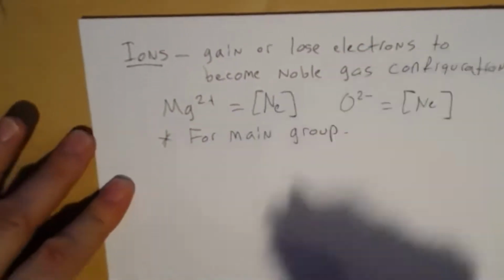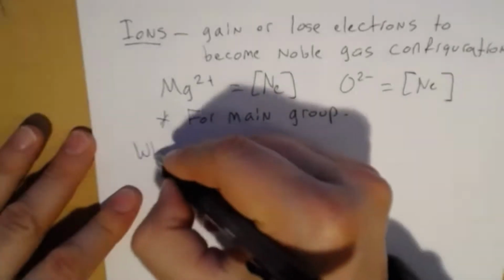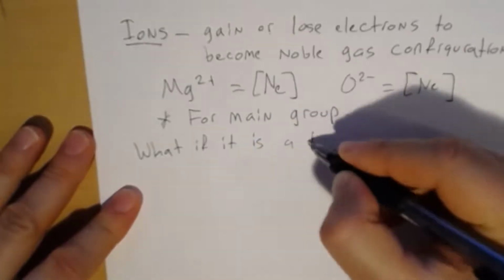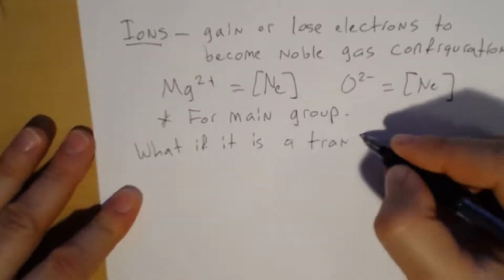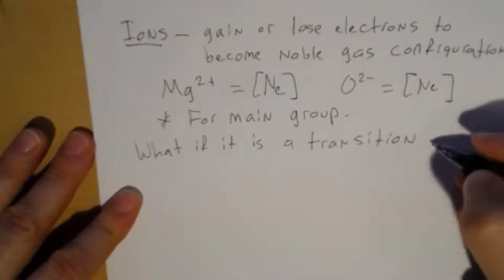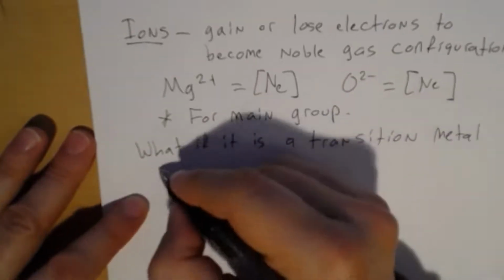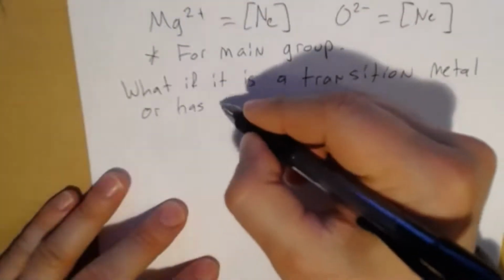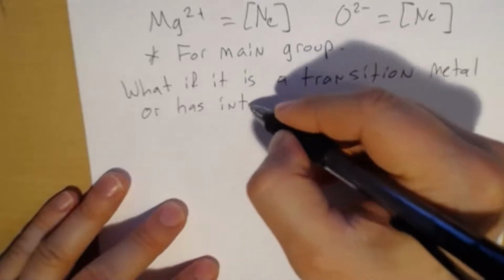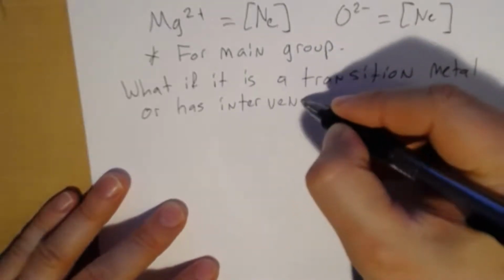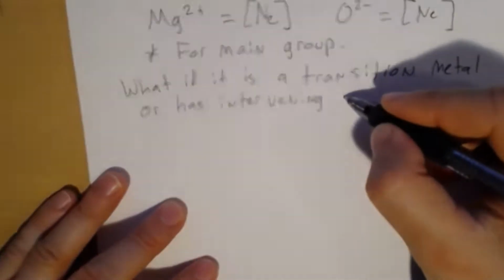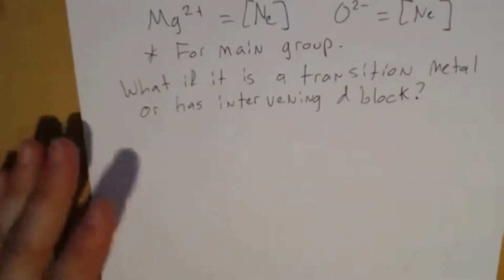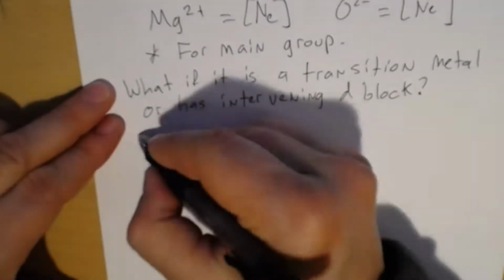So there's some other things here. So what if it is a transition metal or has an intervening D block? So there's a special rule.